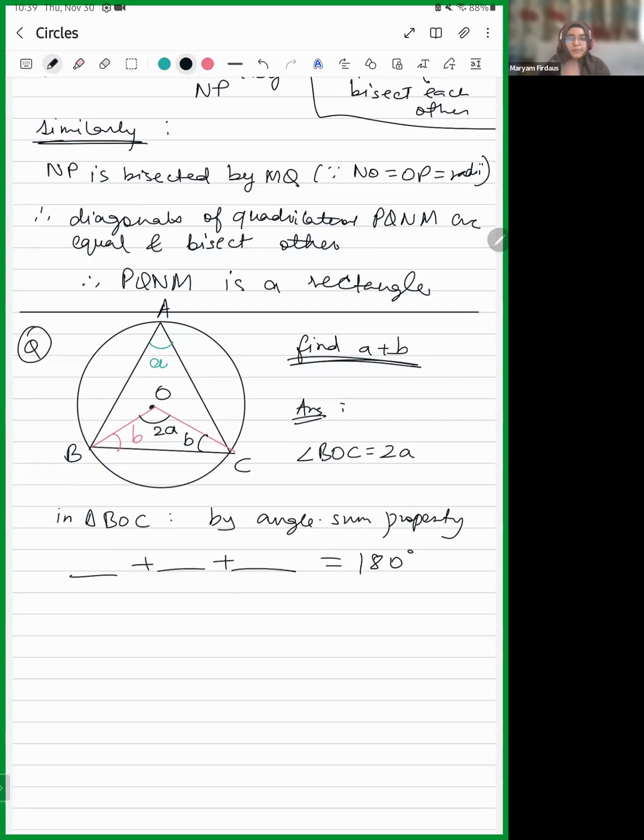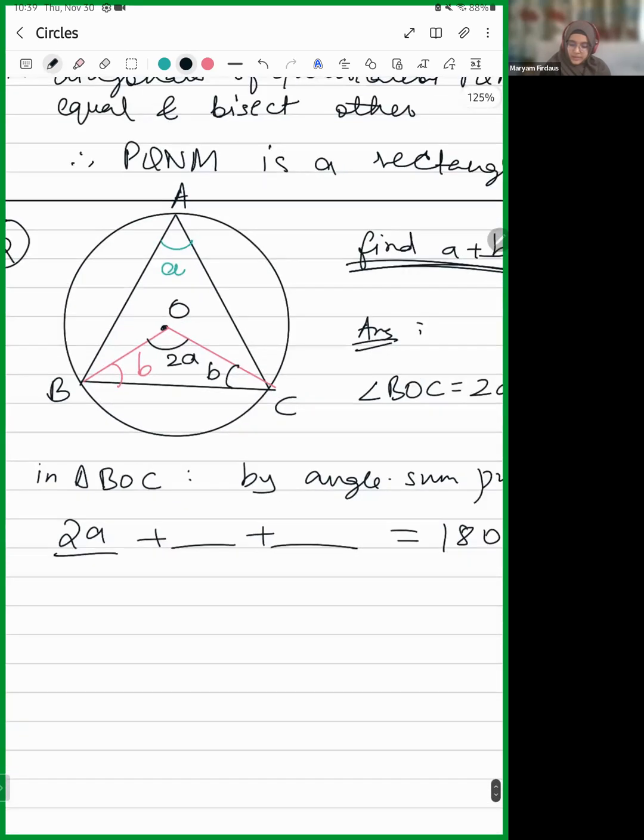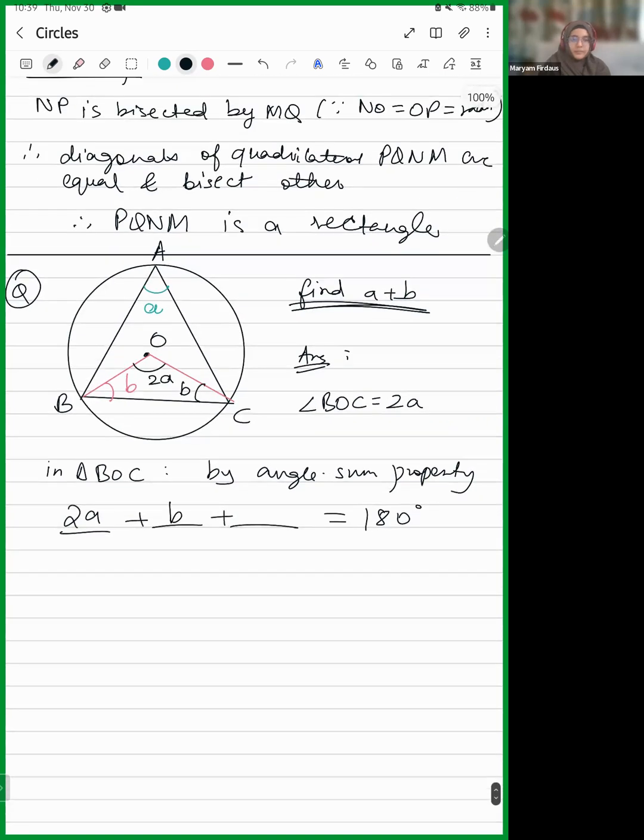Who will tell me? 2A. Yes. I'm talking about the pink triangle. Look only at the pink triangle. 2A plus B plus B is equal to 180. Very good.